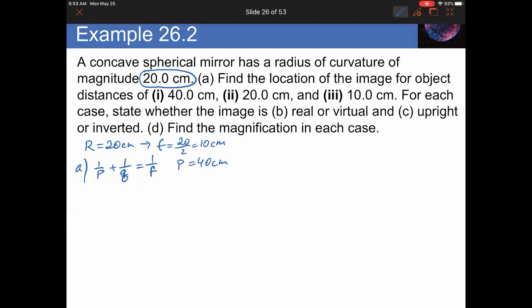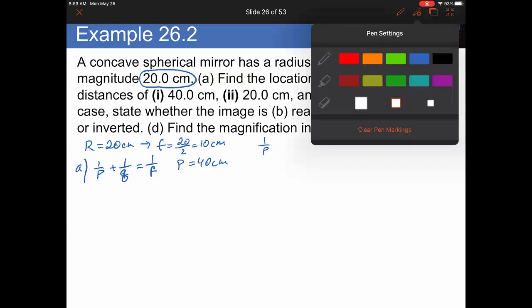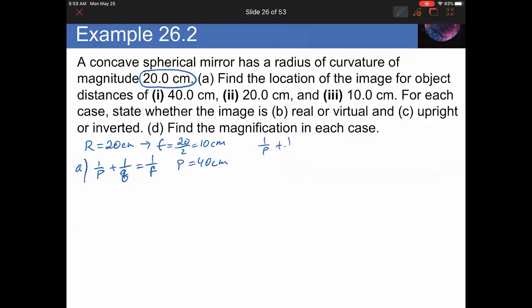By the way, let me give you a shortcut equation for this. If you remember, this has a very similar format to capacitors in series or resistors in parallel. That means I can have 1 over p plus 1 over q equals 1 over f.